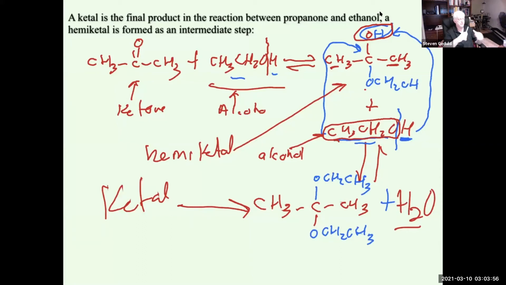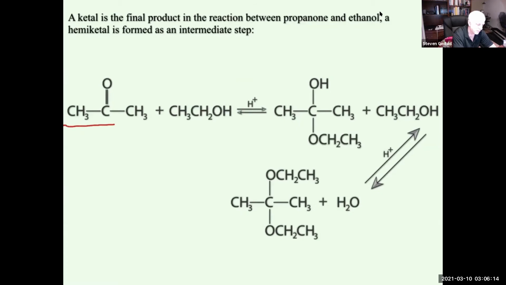So now you know acetal, hemiacetal, ketal, hemiketal. Propanone, our ketone. We are adding an alcohol in the presence of acid. And these double arrows mean it's reversible, both steps in the reaction. It goes both directions, forward and backwards.